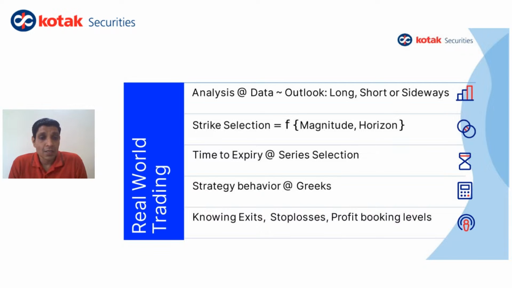Strategy, behavior, the three Greeks that we discussed, the delta, the theta, and vega, right? Those important factors, and knowing when to exit, when to keep, where to keep stop losses, and the profit booking levels.